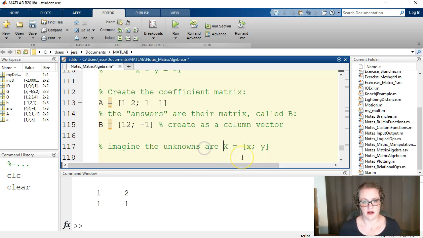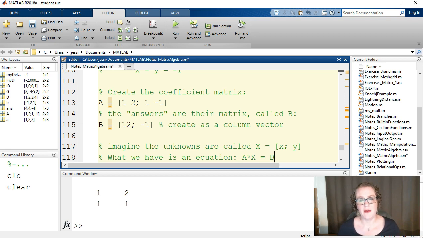Now what we have is an equation A times X equals B. And they're matrices. A is a matrix, X is a matrix that's a different size, and B is a matrix that's a different size.